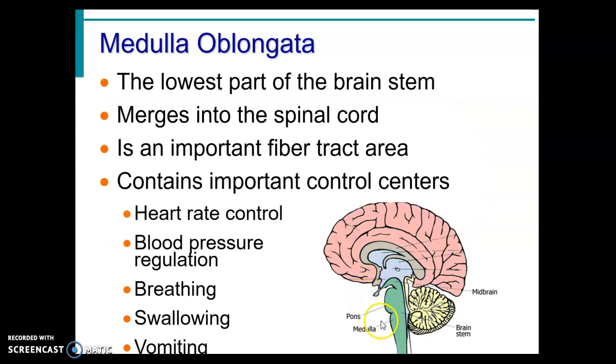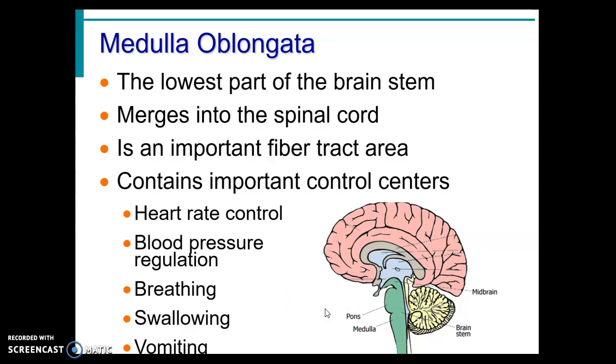Medulla oblongata, down at the bottom of the brainstem, lowest part, and that eventually becomes the spinal cord. And again, a lot of things being controlled there: heart rate, blood pressure, breathing, swallowing, vomiting, all those things. So a lot of the cranial nerves come right from this area. They come from the pons and the medulla that control a lot of different things.